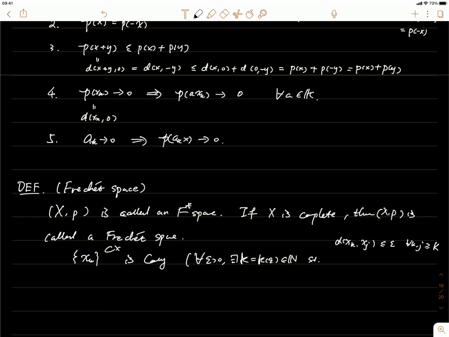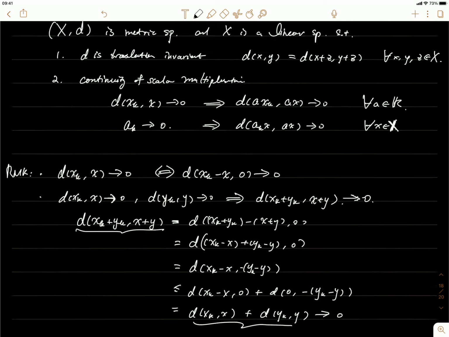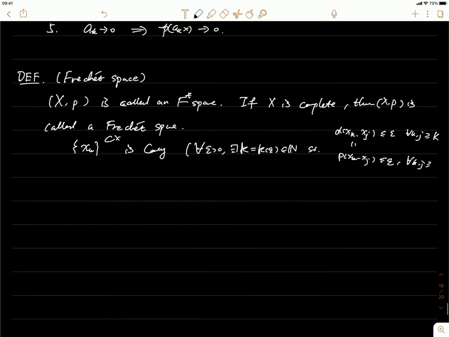But right now we just use the property of P. We can subtract x_j on both arguments, and this is just equal to P of x_k minus x_j. So as long as this is less than epsilon for any k, j greater than or equal to K, then we say that this sequence is Cauchy in X. And if this Cauchy sequence is always convergent in X, meaning it always converges to some point, again in the sense of the distance given by P, we call this a Frechet space.